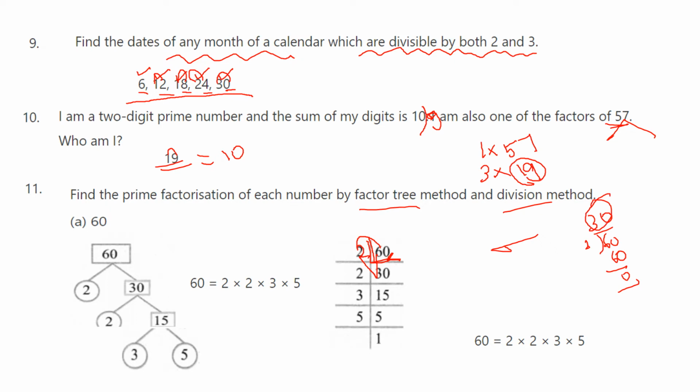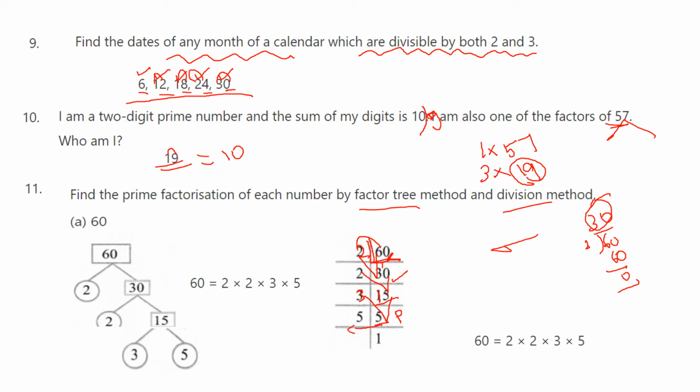Next, 2 in 3 how many times? 2 in 3 only one time. Remaining 1 is there. You put 0 beside it, so 10. 2 5s are 10. So here we get 15. 15 means you can divide by 3. 3 5s are 15. After 5, always remember, if it is a prime number, you divide with the prime number only.